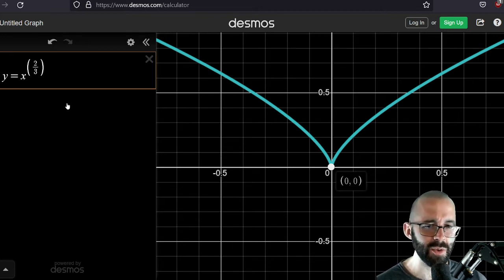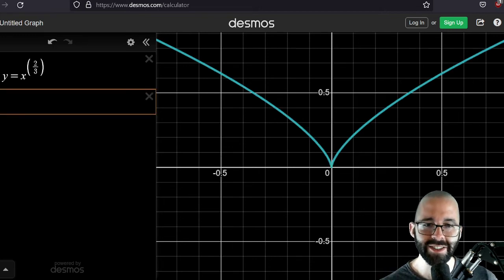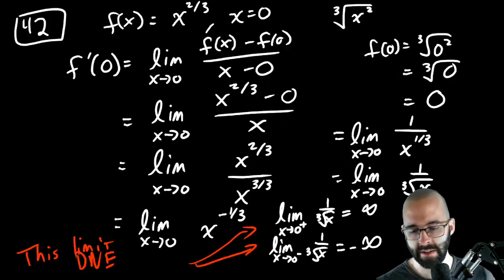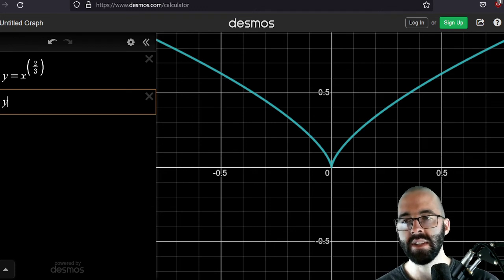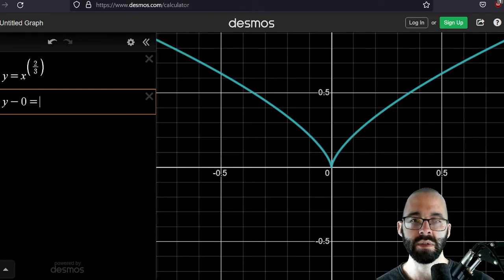And I think I can show this. Let's see if this works. So the secant line is going to be y minus the y coordinate, which is 0, equals the slope times x minus the x coordinate, which is also 0.